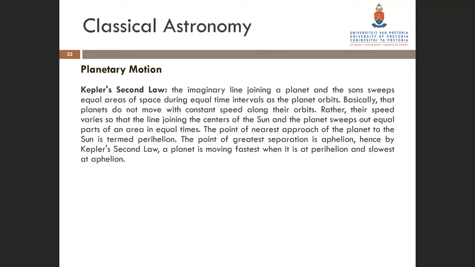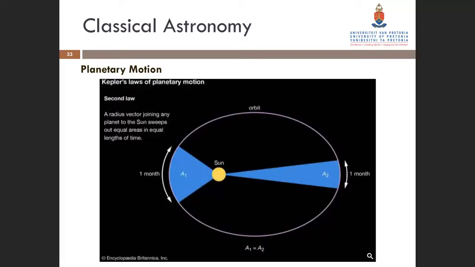So if we visualize this, here we have our ellipse, and here we have the sun at one focus. Now we can divide this into areas. Here we have one area, here we have another area. At perihelion, closest to the sun, this is perihelion, and this is aphelion.